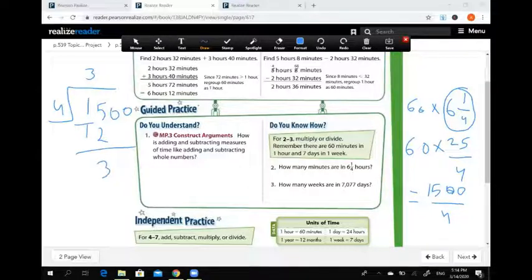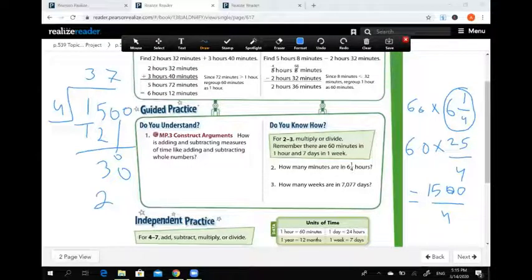Then I will put down the 0. 4 times what equals 30 or less? 4 times 8 equals 32. 4 times 7 equals 28.